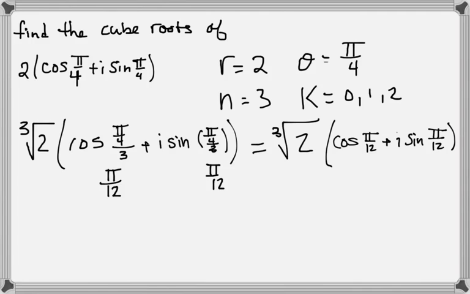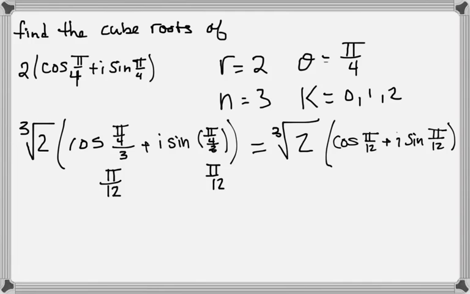Has anybody got the third one done? We're almost out of time. What would I be adding? It's going to be pi over 4 plus 4 pi. So what's 4 pi in terms of fourths? 17 over 4 over 3.